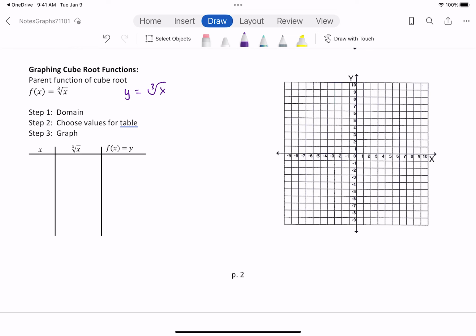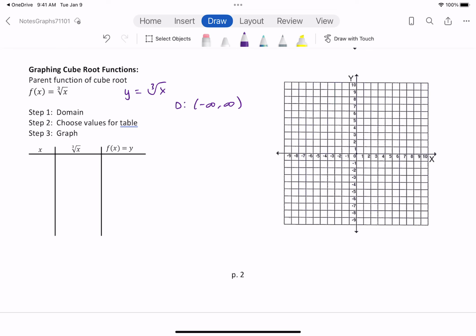But remember from what we've learned in this chapter that we can take the cube root of a negative, right? So the domain for any cube root function is actually going to be all real numbers. So that really means you could pick absolutely any real number that you wanted for x.